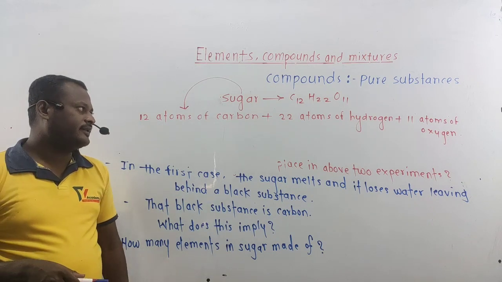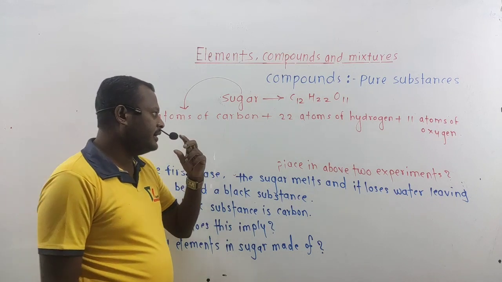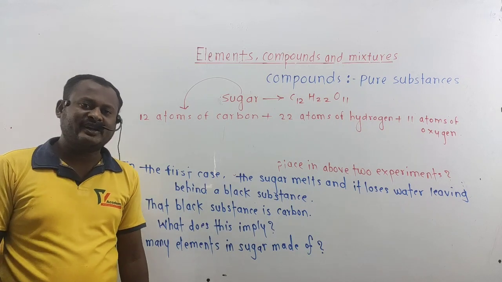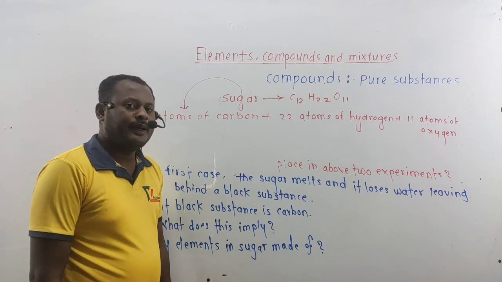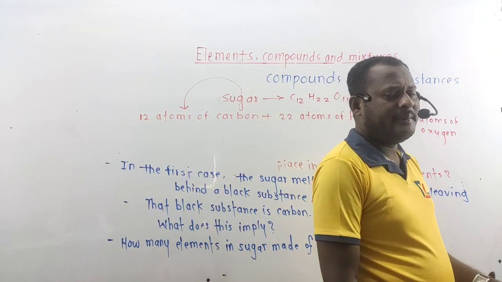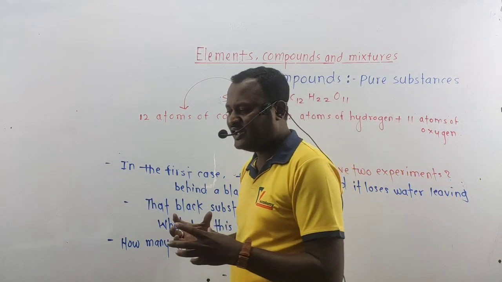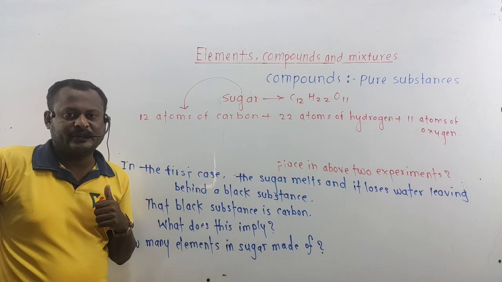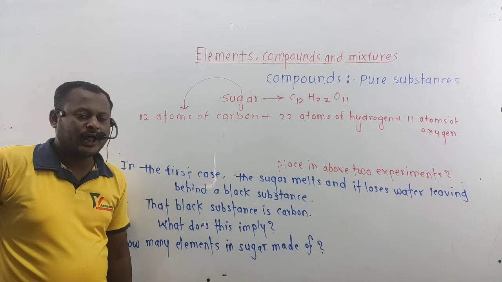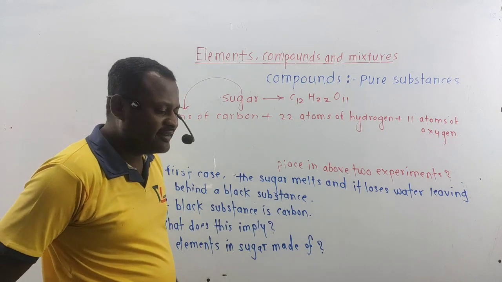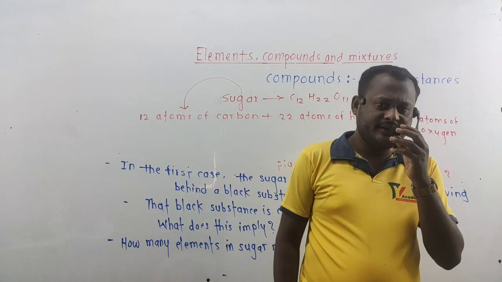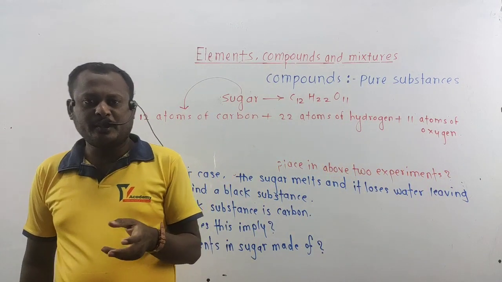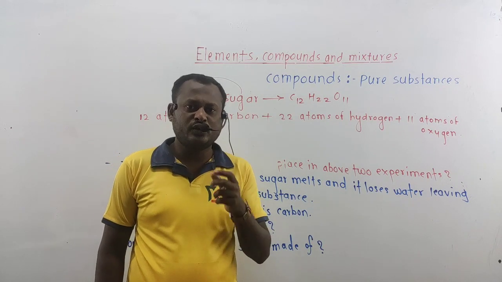Likewise, in sugar you can say that three elements are present: carbon, hydrogen, and oxygen, and they are chemically combined. They are chemically joined with each other, and that's why sugar is called a compound. The compound has different properties than the original elements, as we know.